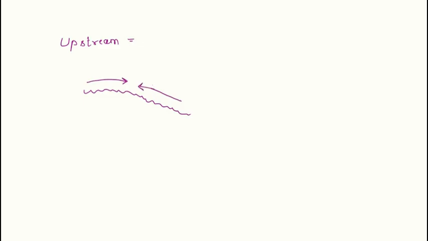So the speed of boat in still water is 12 kilometer per hour, but the speed of water current is x kilometer per hour. That means this water current is pushing the boat backward. That is the reason 12 minus x will give us the speed of boat upstream.